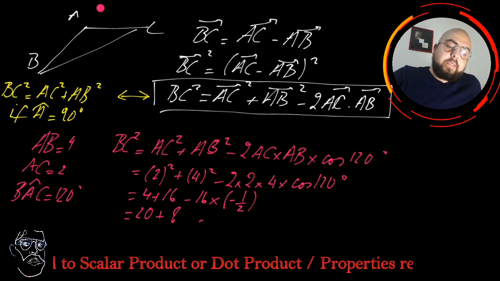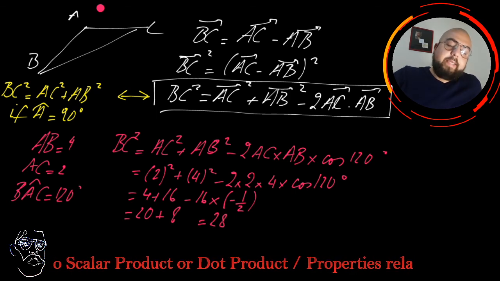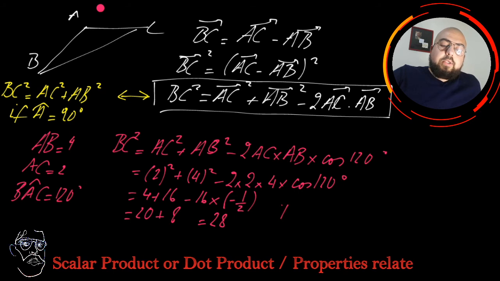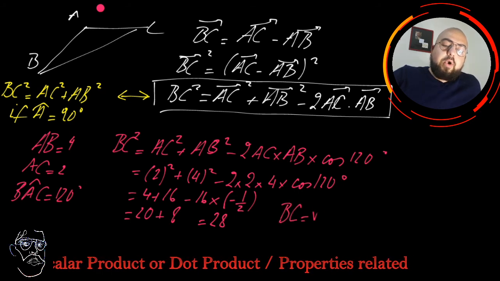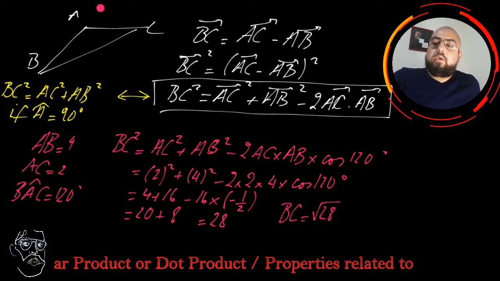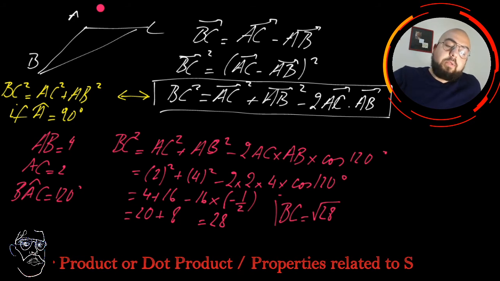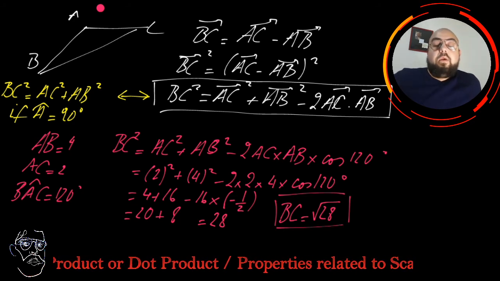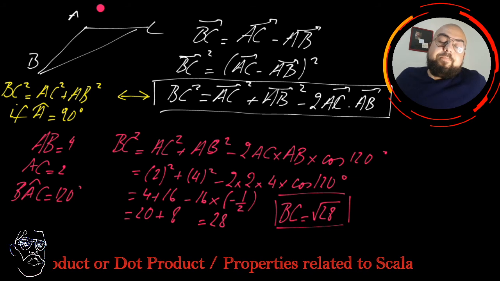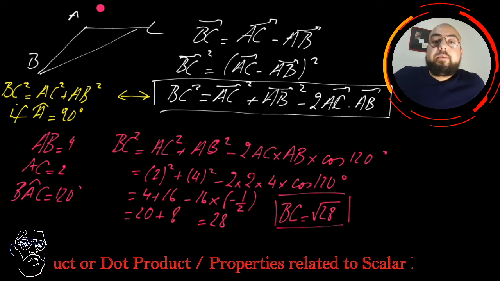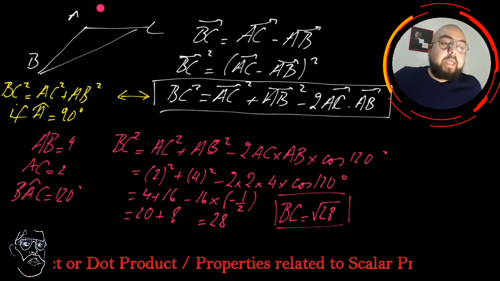So BC squared is actually equal to 28. And in case you want to calculate BC, it is the square root of 28. And this is how you are able to find out the side BC.